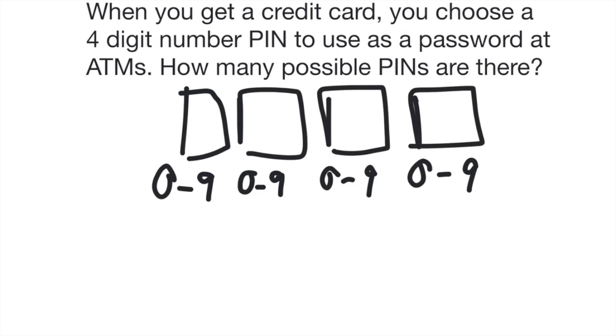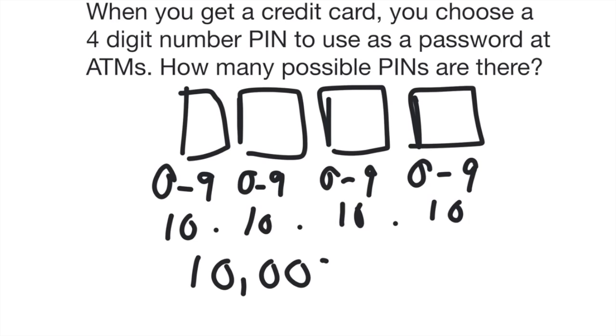So that means that you have 10 choices for each digit. To find the total number, you're going to multiply all 4 of these outcomes. So 10 times 10 times 10 times 10 is 10,000 PINs.